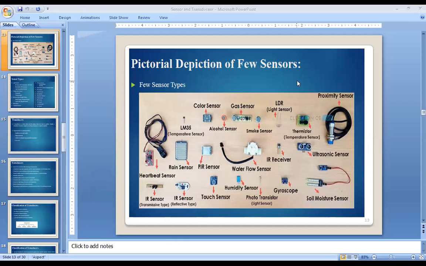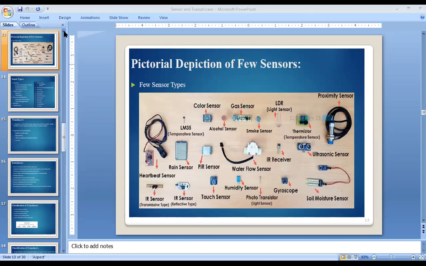Yes, sir. Okay. In the last class, I had discussed the basics of sensors, that means the working principle and the reasons for errors occurring in sensors, and some basics, that means classification of errors and classification of sensors. They are divided into active sensors and passive sensors.